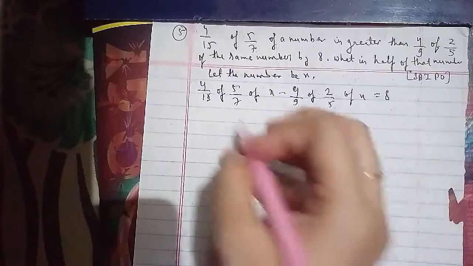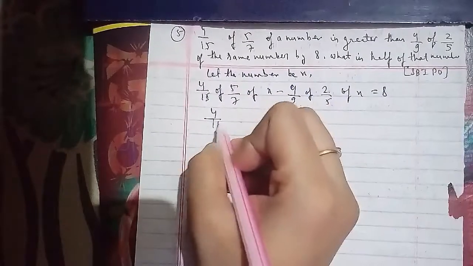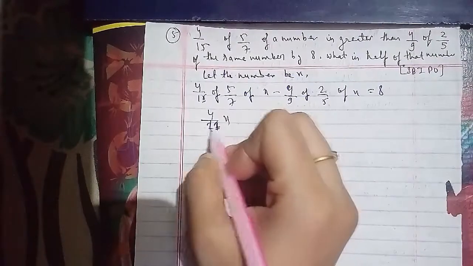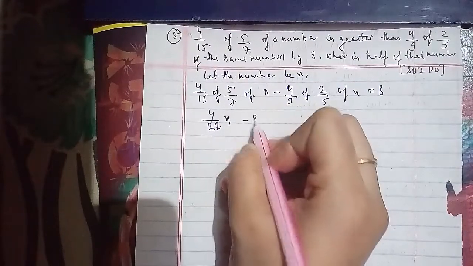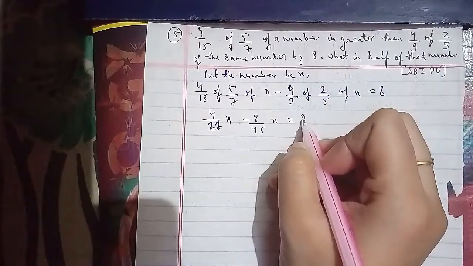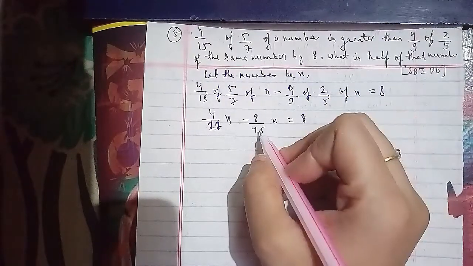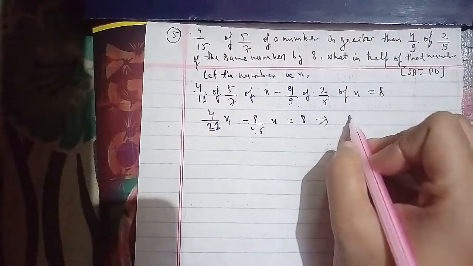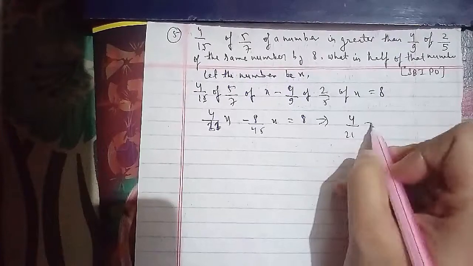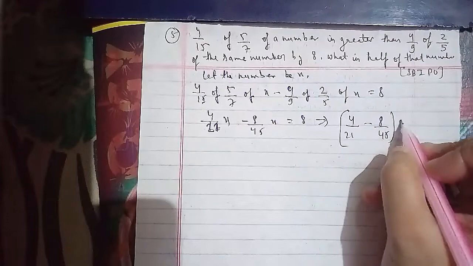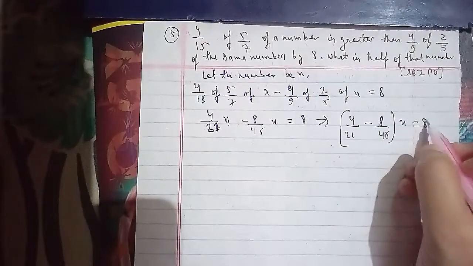So in the same case, 4 upon 21 x minus 8 upon 45 x equals 8. We will take x in common, so that is 4 upon 21 minus 8 upon 45, x common, that is equal to 8.